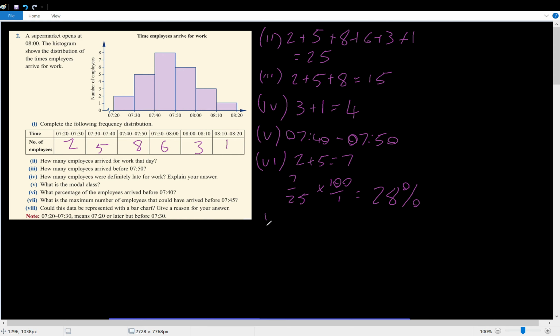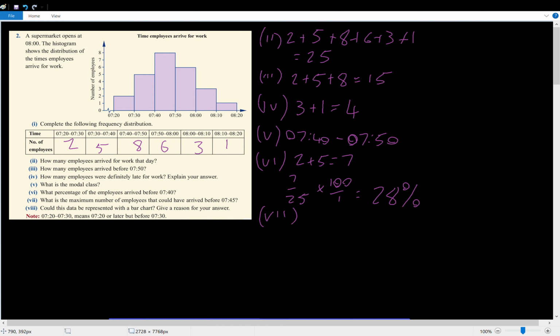Now for part 7 of this question, we're asked what's the maximum number of employees that could have arrived before 7:45. And this one's not too bad, but it requires a little bit of thought. If we look at the tallest rectangle here, that's between 7:40 and 7:50, which means 7:45 is in there somewhere. And it is entirely likely that everybody who showed up between 7:40 and 7:50 did arrive before 7:45.